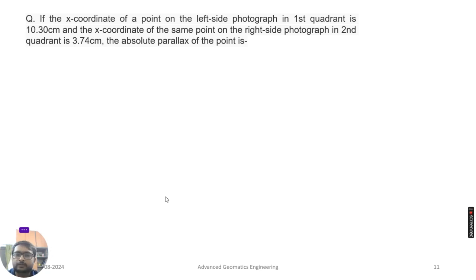So now, apart from relief displacement, there will be some questions on parallax. Parallax is when you have any object in front of you. Let's say I take the example of this pen. If I keep my pen like this, close one eye and see this pen, and then close my other eye and see the pen, the position of the pen will not appear at exactly one location.